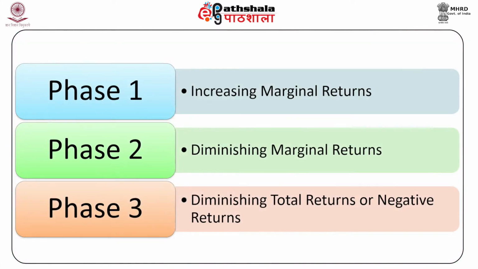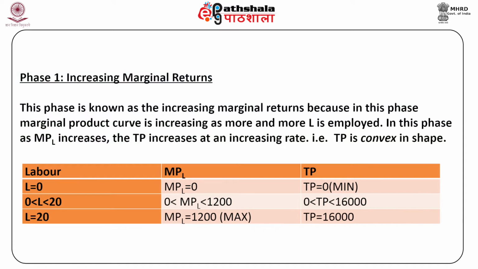First, phase 1, increasing marginal returns. Second, phase 2, diminishing marginal returns. Third, phase 3, diminishing total returns or negative returns. Figure 1, relationship between total product and marginal product of labor. Phase 1, increasing marginal returns.